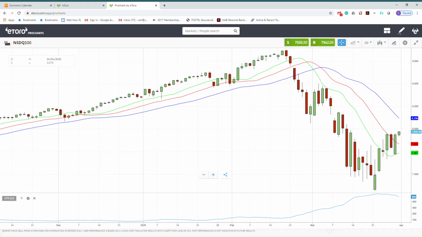The ATR is using absolute values. So what this means is that it calculates the absolute values of differences in prices, and this is important because it means that when the number is higher, the volatility is more.